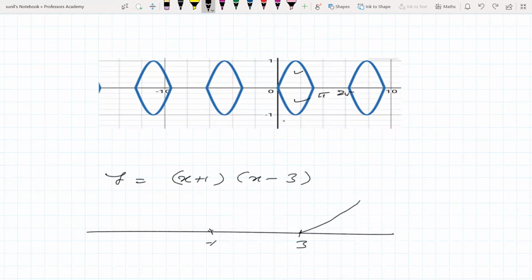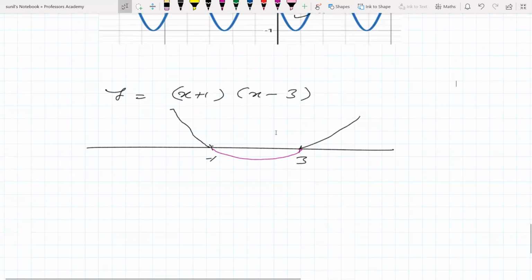Now you see, between minus 1 and 3, the graph is below the x-axis. So as usual, that below the x-axis region, we can't take that value. So you should remember, whenever a graph is below the x-axis, this portion is not possible.